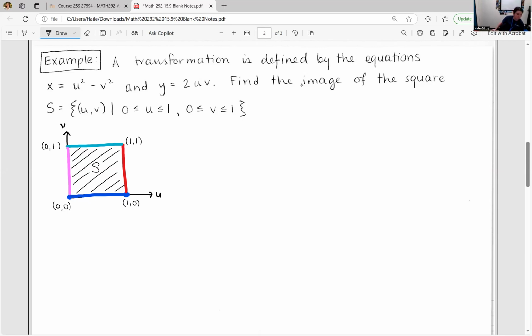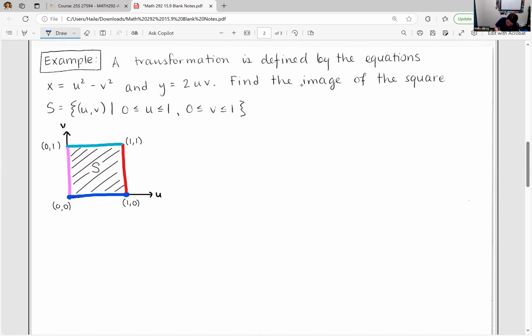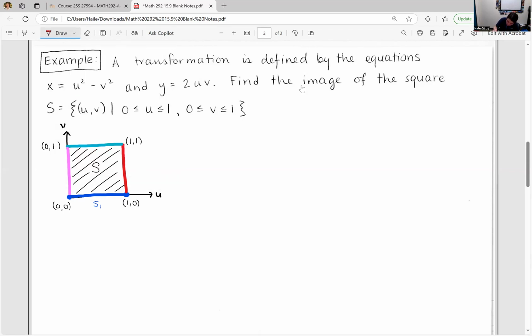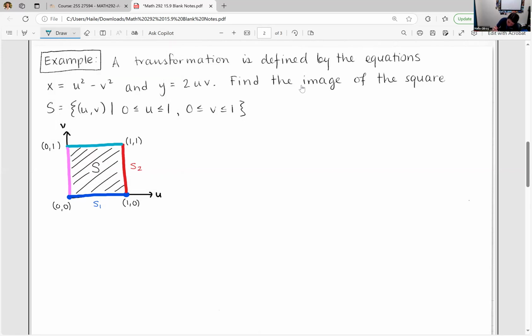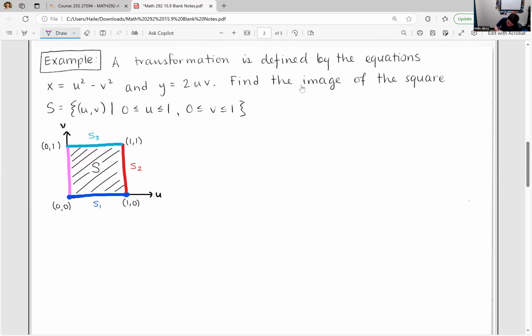So there's a reason why I've colored each of the sides a different color. Okay, so I'm going to go through again and give these some labels. So this blue side, I'm going to call side 1, so S1. The red, I'm going to call S2, and then S3 and S4 in order there. So teal, I'm going to call S3, and finally pink, I'm going to call S4.